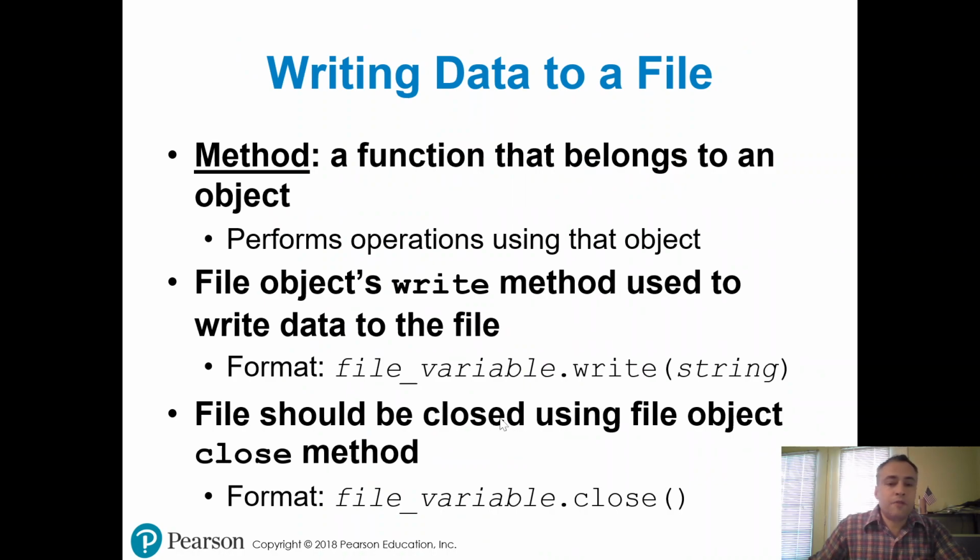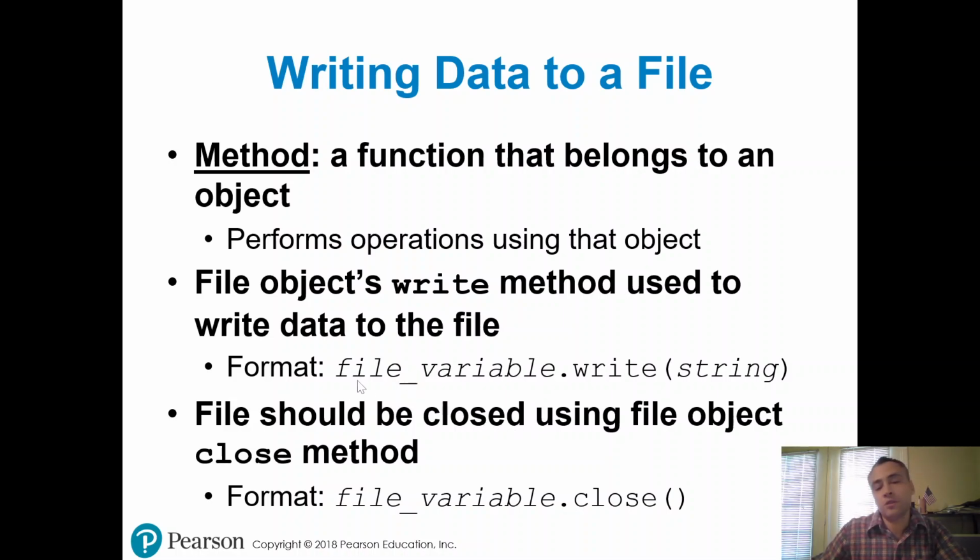And a little bit of verbiage that you need to know, a new word, method. That's a function which belongs to an object. And in general, this is the object, whatever that might be, object dot write, and in parentheses there can be an argument for the write function. So the file variable will be an object. We will work with objects a little bit later in the class, but you can recognize that we have been doing that all along.